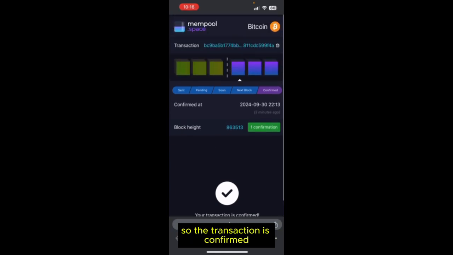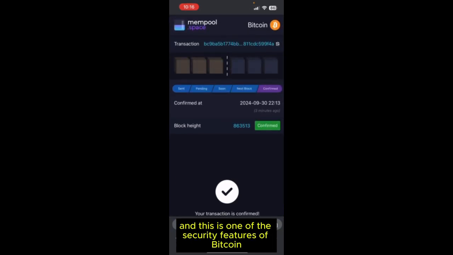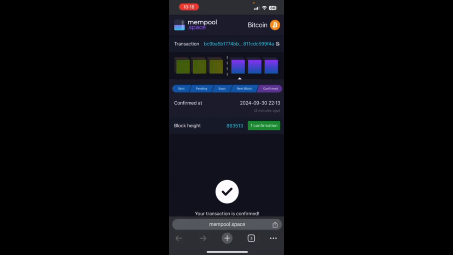So the transaction is confirmed, and this is one of the security features of Bitcoin. So it's waiting for 2 more additional confirmations so that there's no double spend, meaning you send it to one address but also send it to another one, then the ledger has 2 different entries.